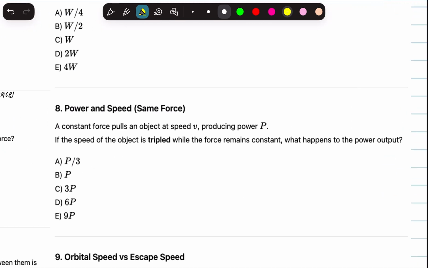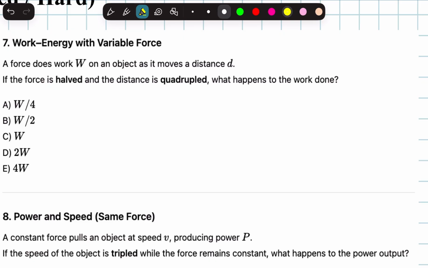Now, let's say we have a question about work energy with variable force this time. So for work, we need to know that work is linear in force and direction, which is from W equals F times D. So a force does work W on an object as it moves a distance D. If a force is halved and the distance is quadrupled, what happens to the work done?